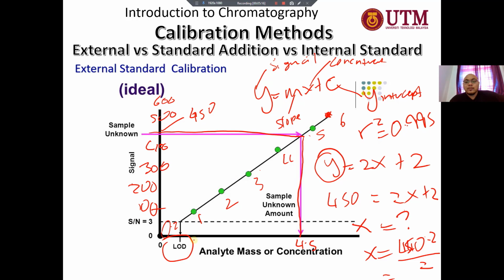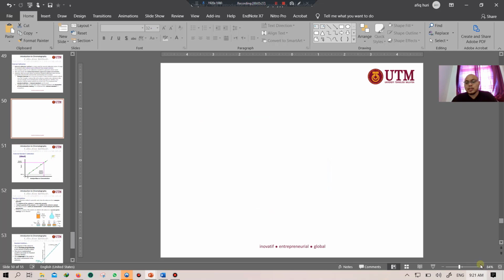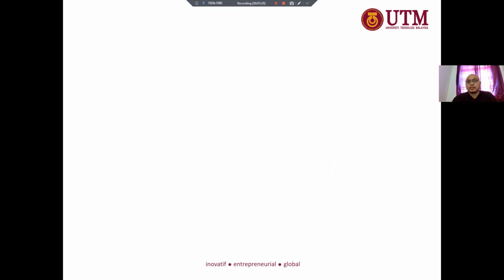LOD can be determined in two ways. Okay. Better if I draw again. So again, when you're doing the calibration curve, you will get y equals mx plus c, and you will also get the R-squared value.